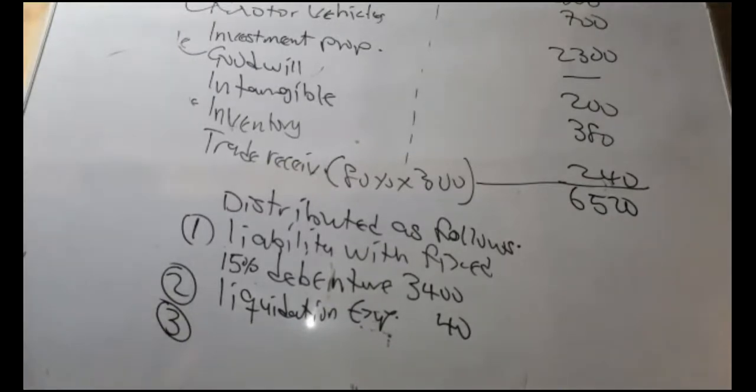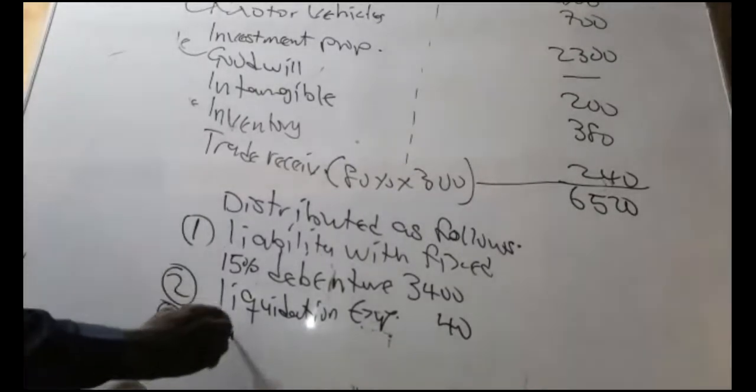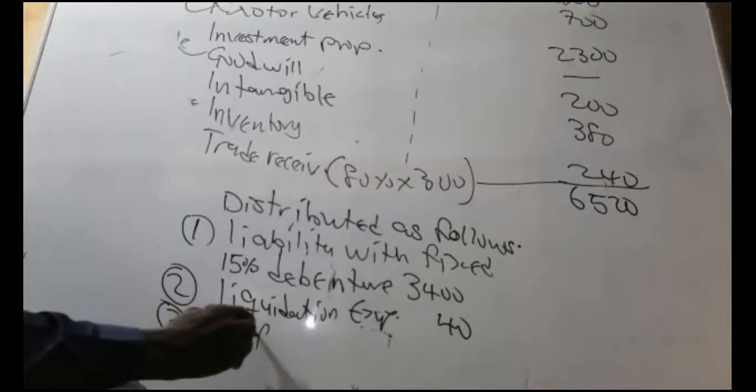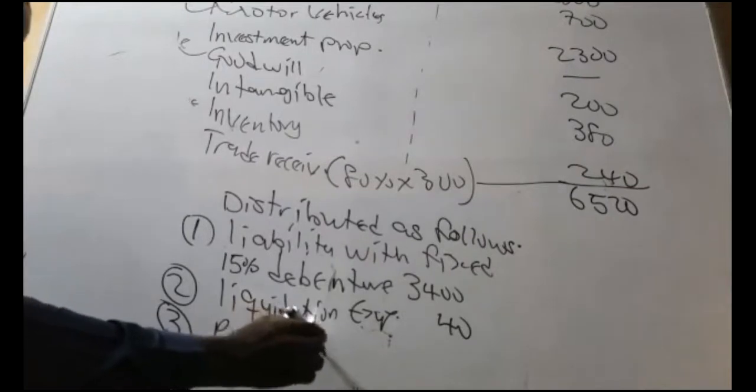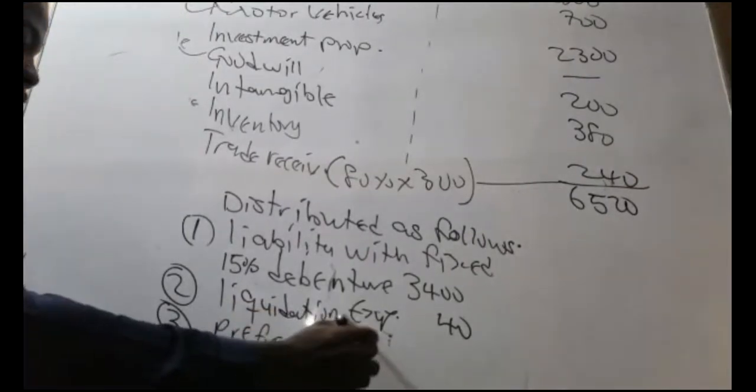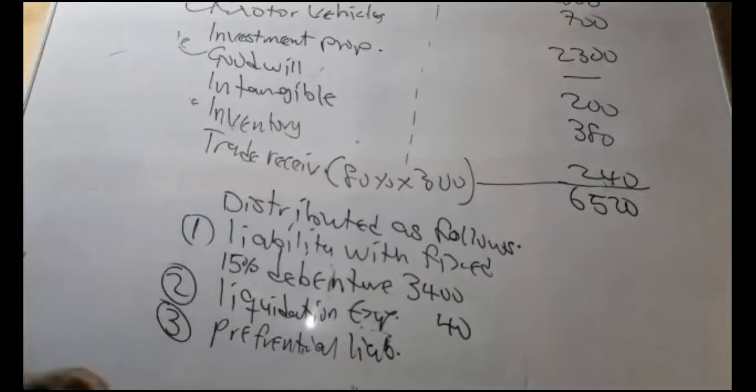The third one, we call it preferential liabilities, or liability with preference treatment. Can you check with the question?